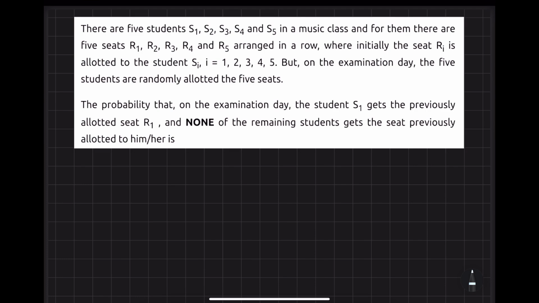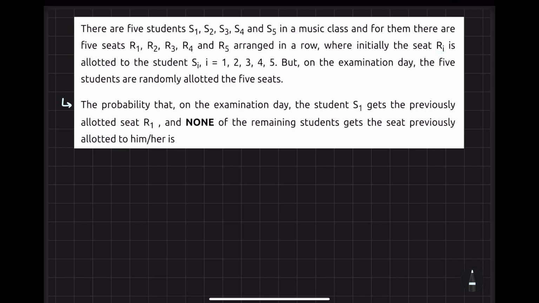Initially the seat Ri is allotted to the student Si, meaning student S1 will sit on seat R1, student S2 on seat R2, and so on. But on the day of examination, the 5 students are randomly allotted the 5 seats. Okay, now these are the informations. Now based on this idea we have to solve this question.